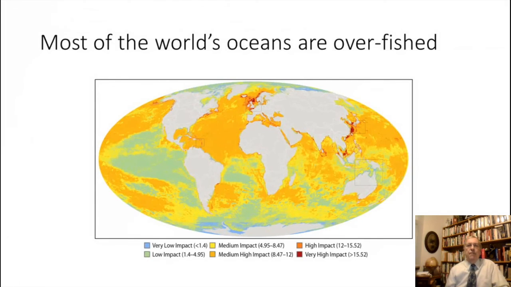Last section of this lecture is about fishing and fish farming, because agriculture, we're defining agriculture as producing food. So we've talked about crops, we've talked about livestock, we'll talk a bit about fishing. It's no surprise with the continuing increases in world population growth that much of the world is overfished.